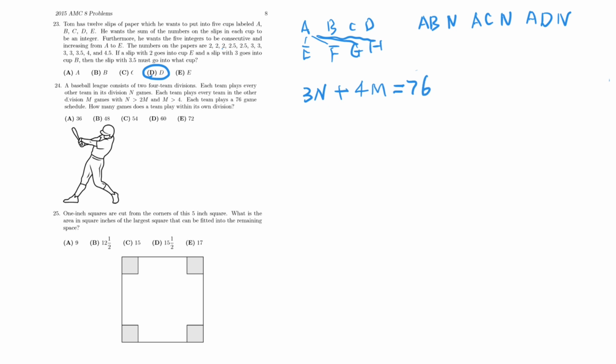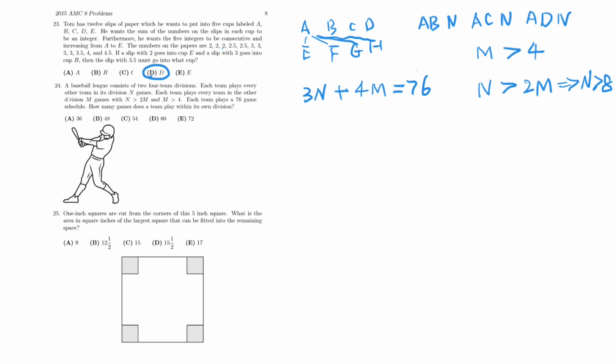We still have the 2 restrictions. M greater than 4, and also N greater than 2M. That means N must be greater than 8.